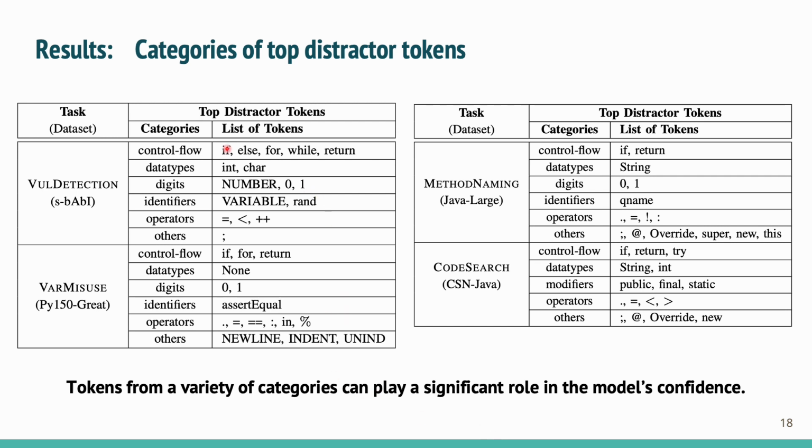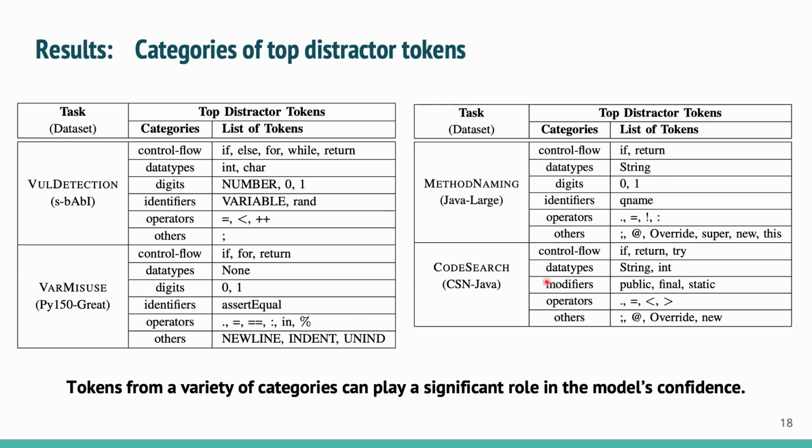We can observe that these distractor tokens can be divided into a variety of categories such as control flow, data type, digit, identifier, operators, and other syntax-specific tokens. The control flow contains condition, loop, and return statements, and data type contains integer, character, and string data types.